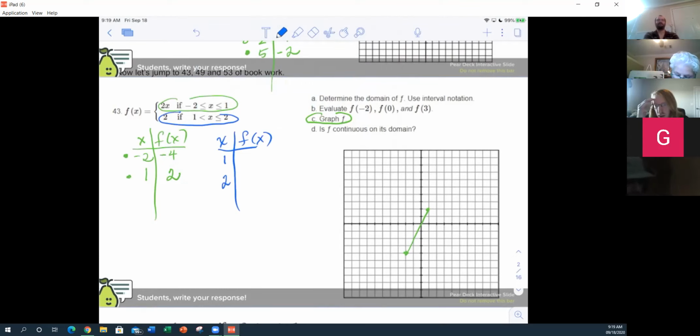Open dot. And on the 2? Filled in. And what is the f of x going to be? Just 2, because it's this constant right here. So I have (1, 2), and that's an open dot, and then (2, 2).